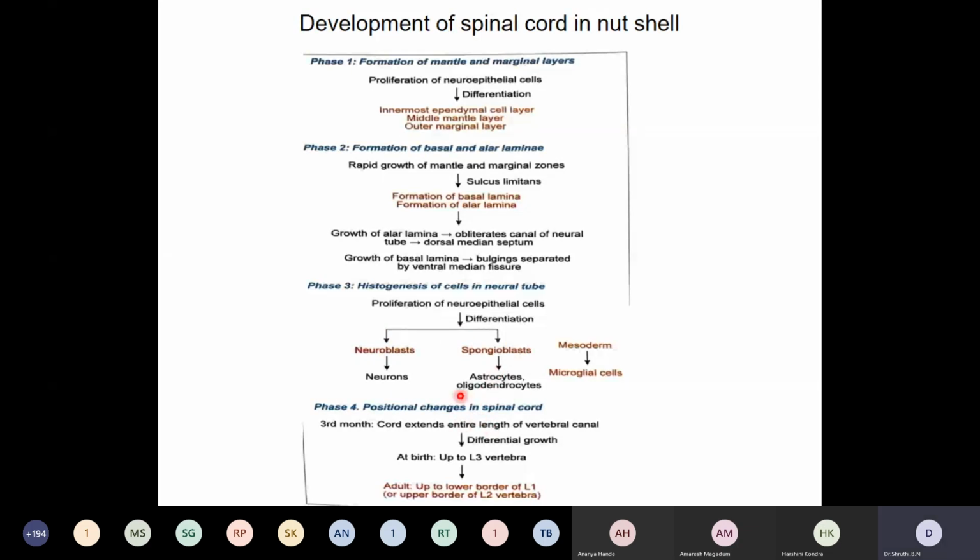And because of all this differential growth, the vertebral column grows faster than the spinal cord. The length of the spinal cord corresponds to the level of the vertebral canal around the 3rd month of intrauterine life, whereas in adults it lies at a higher level. So that is about the development of the spinal cord.